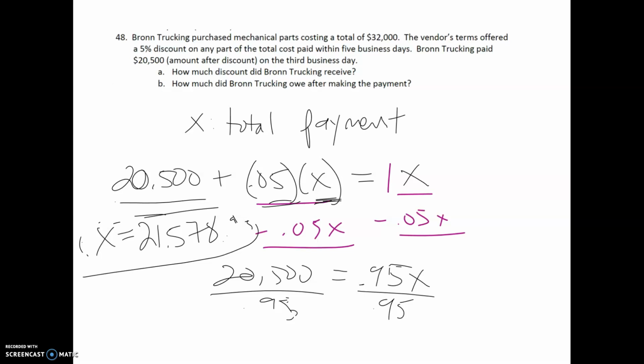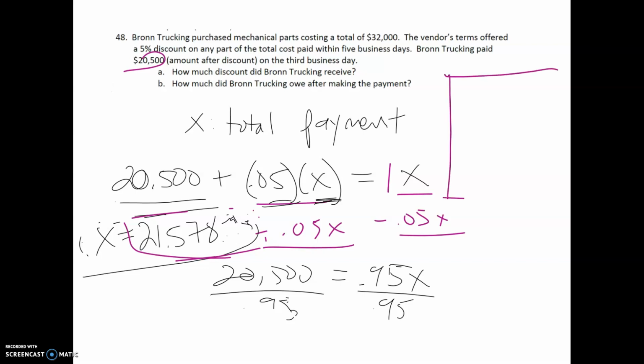So that's one way to do it. And then, how much was the discount? The discount would just be the difference between this number here and the 20,500 they actually had to pay. So you subtract one from the other. That's the answer to question A. That part I think is the easier part.